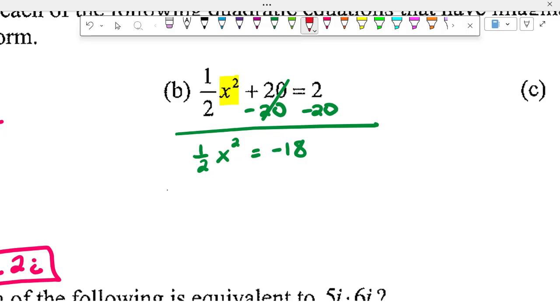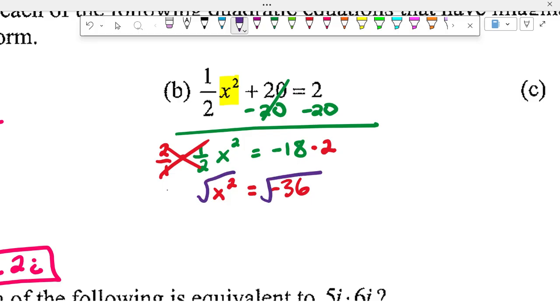You flip the fraction. So it would be multiplying by 2 over 1, which is just 2. So we're going to multiply both sides by 2. What's negative 18 times 2? Negative 36. Good.